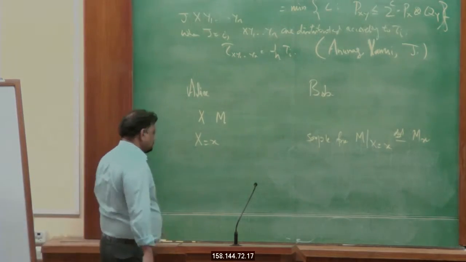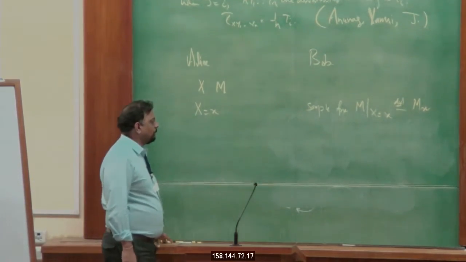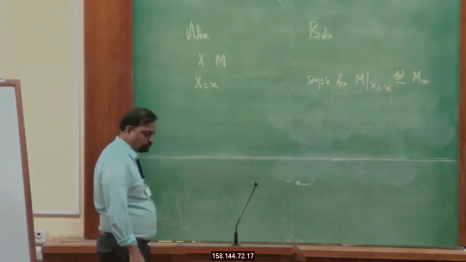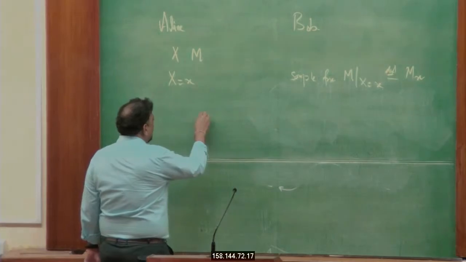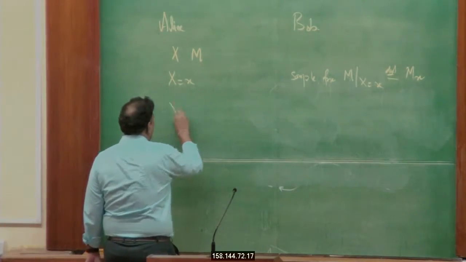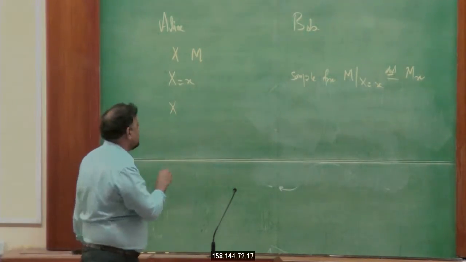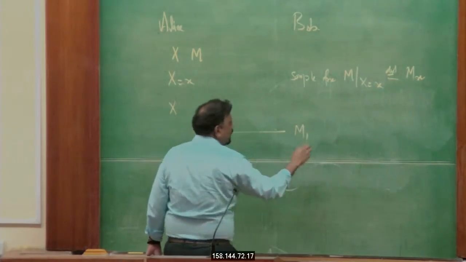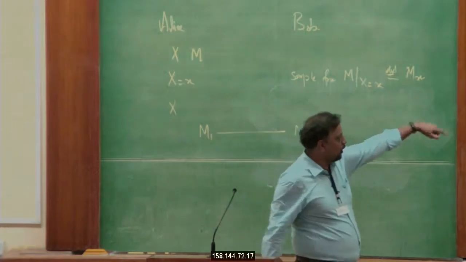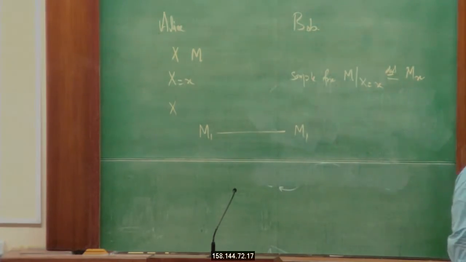So now, what can be done? Again, Alice will have x, and they can, using shared randomness. Let me remark here that this is a protocol we gave where there was shared randomness.